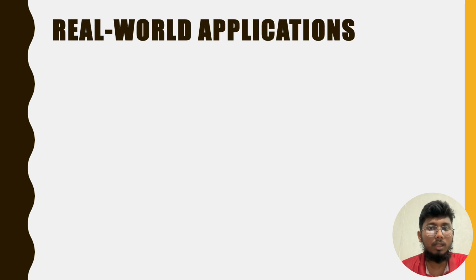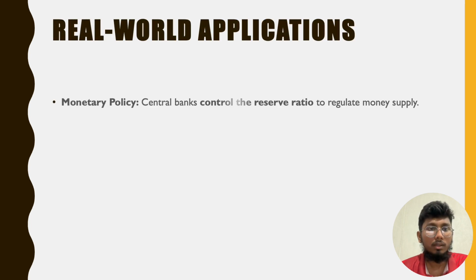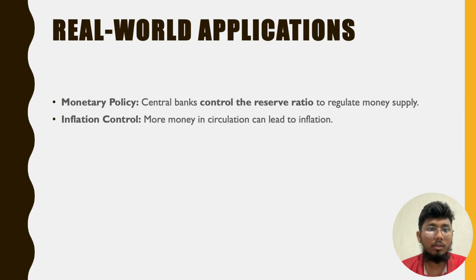Then we will try to know about some real world applications of money multipliers. At first we can see monetary policy. Central banks control the reserve ratio to regulate the money supply. Then we can see inflation control. More money in circulation can lead to inflation.